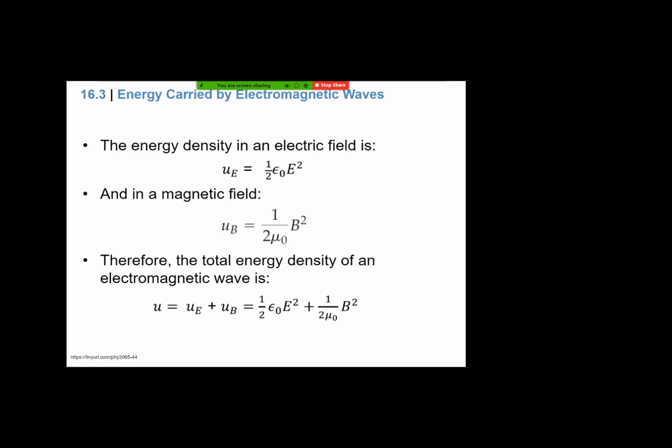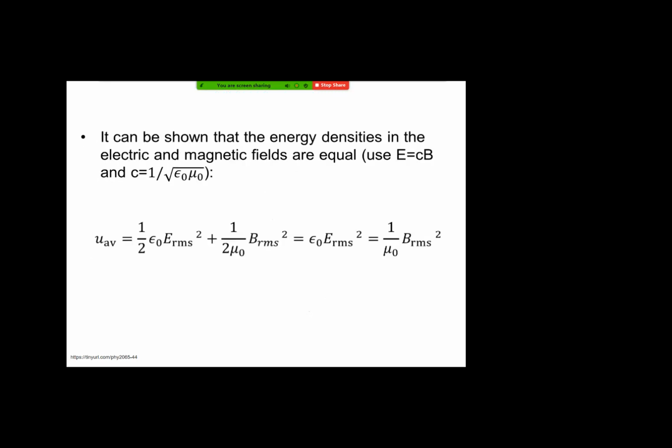When you have the maximum for the electric field, you have the minimum for the B field. For the average, you use the root mean square quantities for the fields, similar to when you have an AC circuit, where we use the root mean square quantity for the current and voltage.